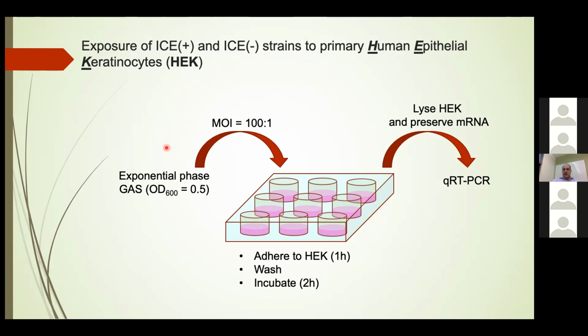Then the keratinocytes are washed so that only adherent bacteria remain. The bacteria are co-incubated with the cells for another period of time, then they are harvested and the cells are lysed to isolate the preserved mRNA, which is then measured by qPCR.